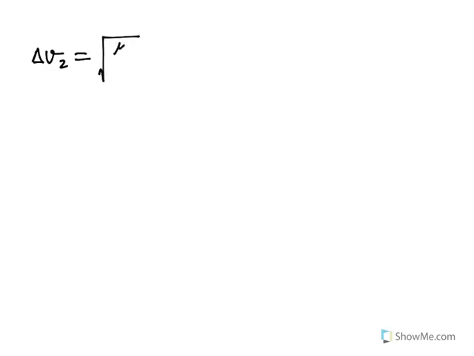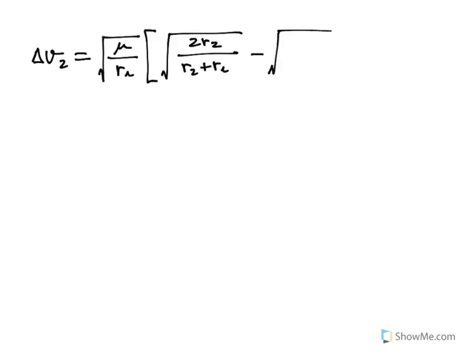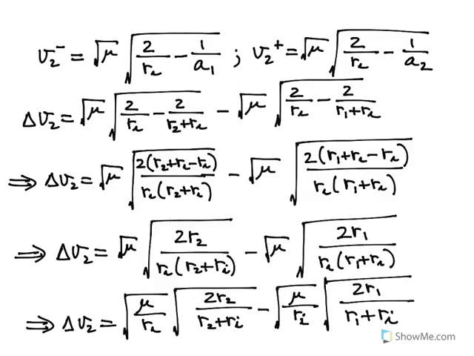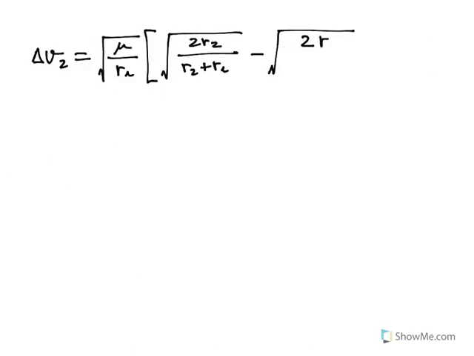So you get the square root of mu over Ri times the difference of the square root of 2R2 all divided by R2 plus Ri, minus the square root of 2R1 all divided by R1 plus Ri. So that takes care of the second impulse.